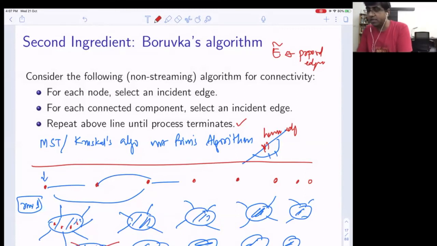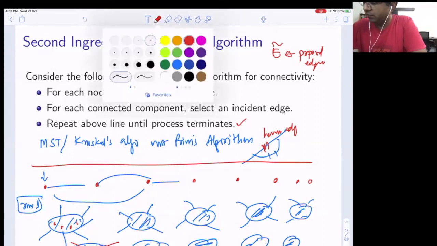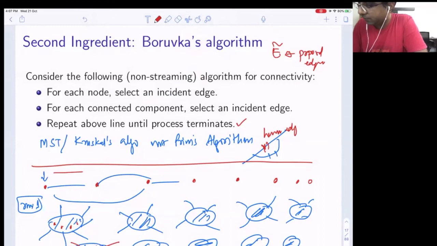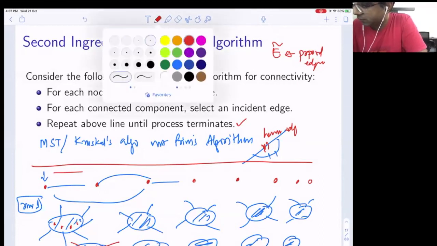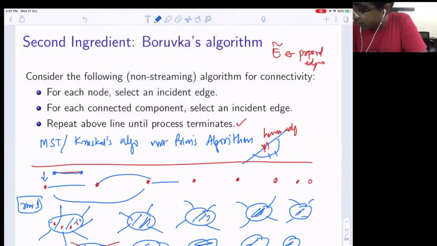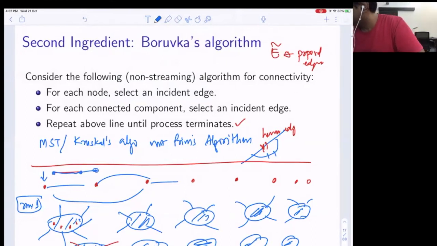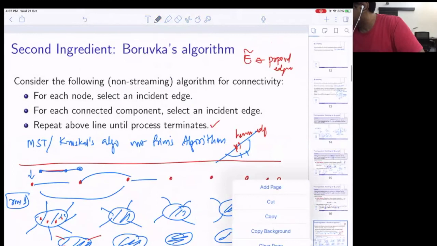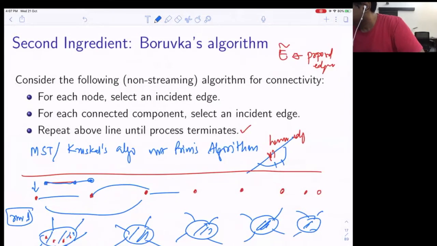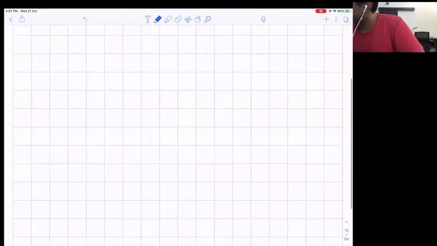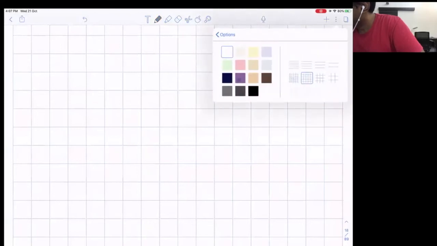It could also be that, for example, he proposed to this. So look at an example of a cycle. Here's a cycle.